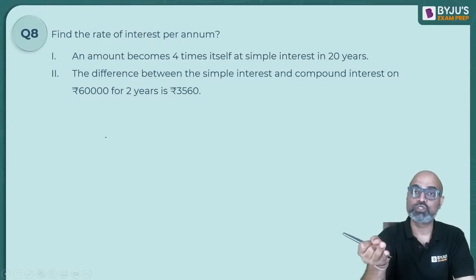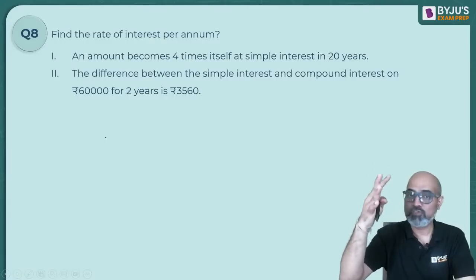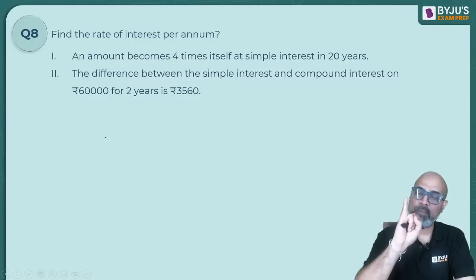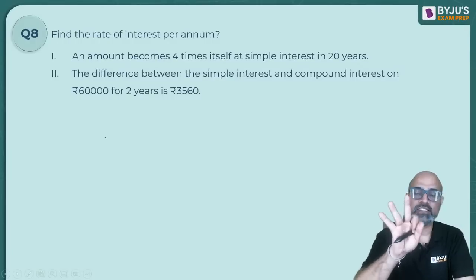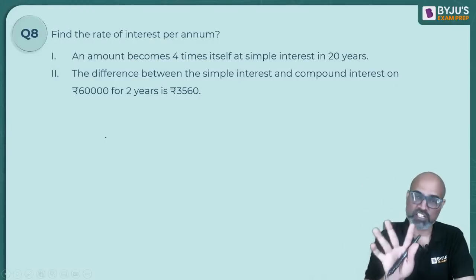right? One of those two things along with tenure. Because if you try to visualize the formula of SI or CI, you have variables: principal, compound interest, simple interest, amount, tenure and rate of interest. There are 6 things.